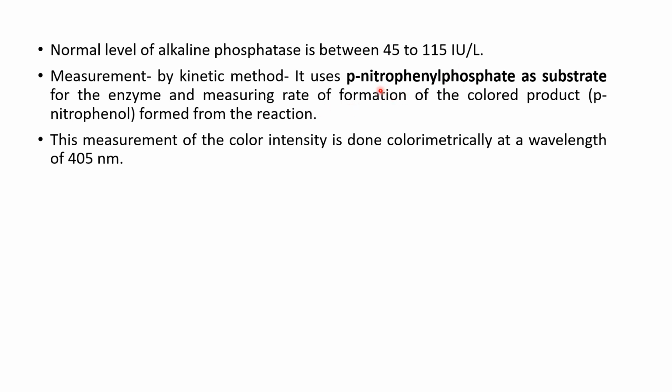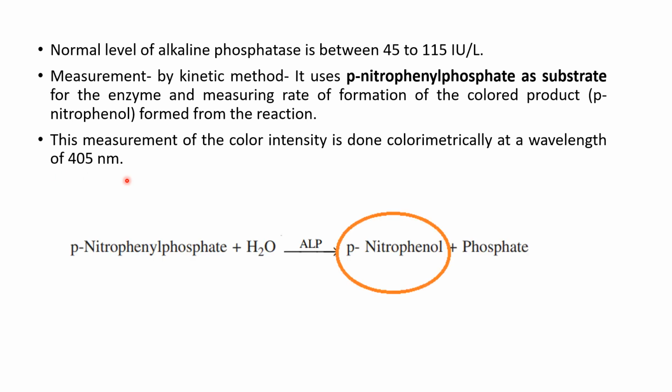It uses para-nitrophenyl phosphate as the substrate for measuring the enzyme, and the rate of formation of the colored end product, para-nitrophenol, is measured. The rate at which this is formed indicates the concentration of the enzyme that is present. This measurement of color intensity is done at a wavelength of 405 nanometers.